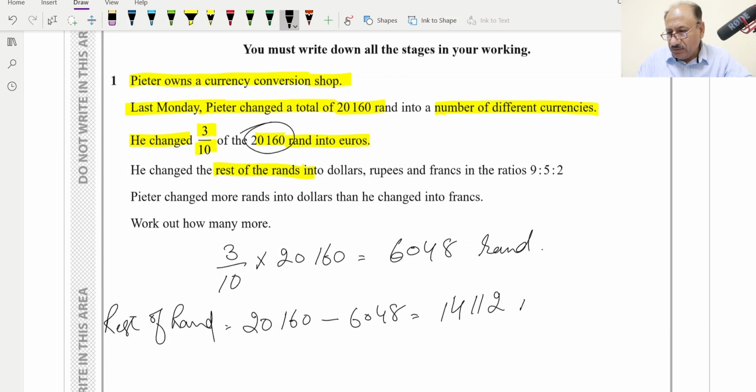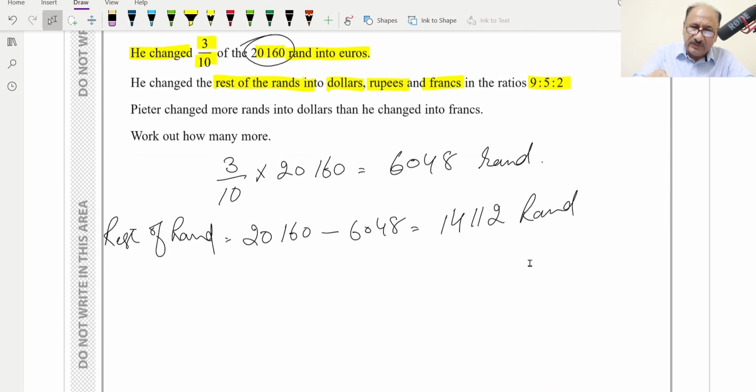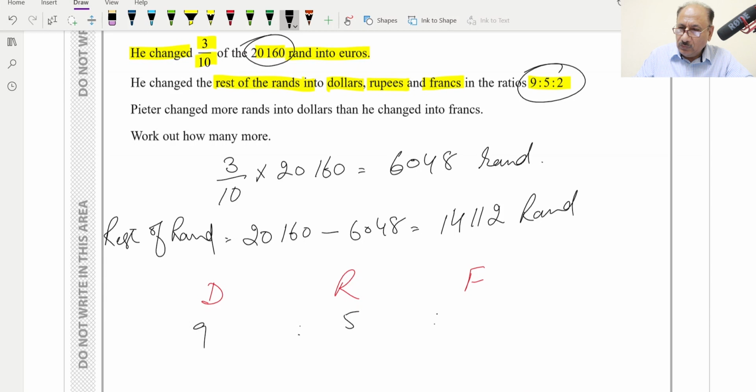14112 rand were converted into three currencies: dollars, rupees, and francs, and the ratio is 9 ratio 5 ratio 2. So the sum of ratios is how much?